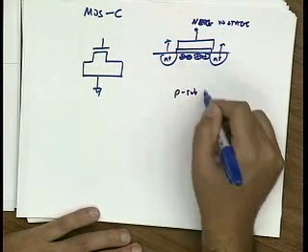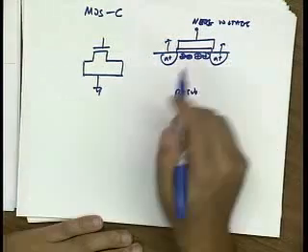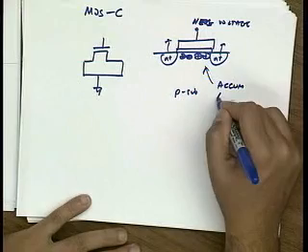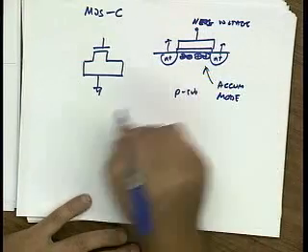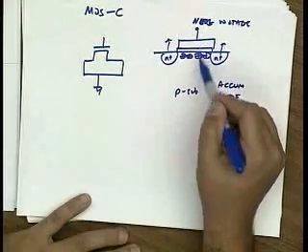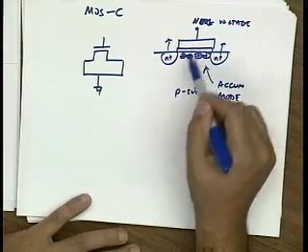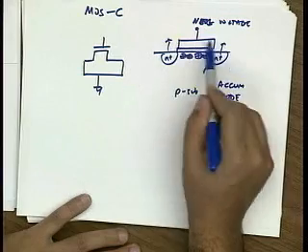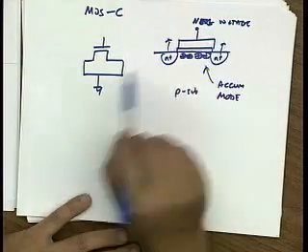And there's plenty of holes in this P substrate, right? So we call this accumulation mode. In other words, we accumulate holes at the surface, and the capacitance of this structure looks very much like the capacitance of a parallel plate capacitor, where this is the first plate and the bottom plate is actually the substrate.